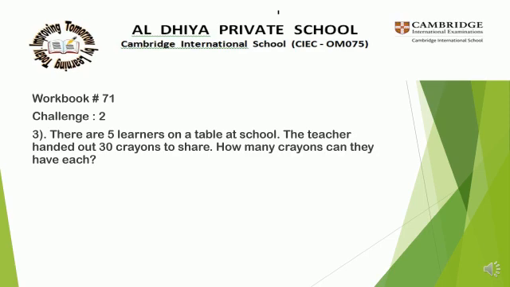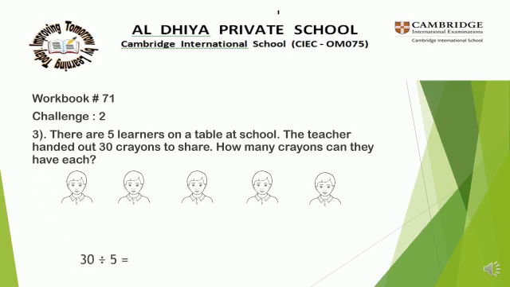How many learners? 5 learners on a table. How many crayons? 30 crayons. See the word share, so you have to do division. 30 divided by 5. What do you have to do now?